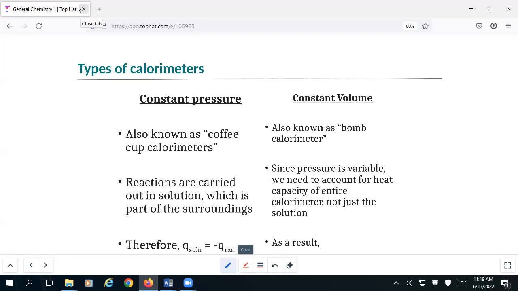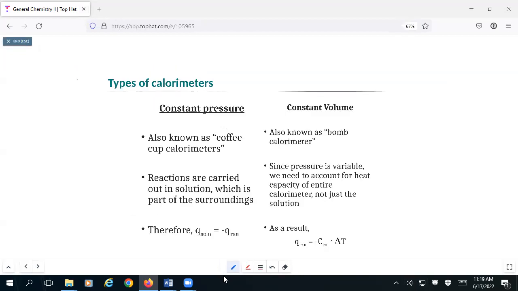Now, when it comes to calorimetry, we've seen this first type quite a bit. The constant pressure calorimeter. Constant pressure calorimeter gives us this coffee cup or this styrofoam kind of vessel that we put our stuff in. We measure the change in temperature of the solution.